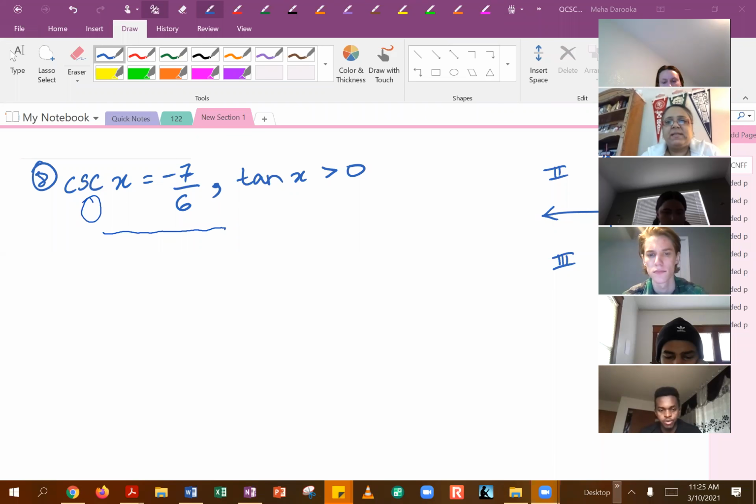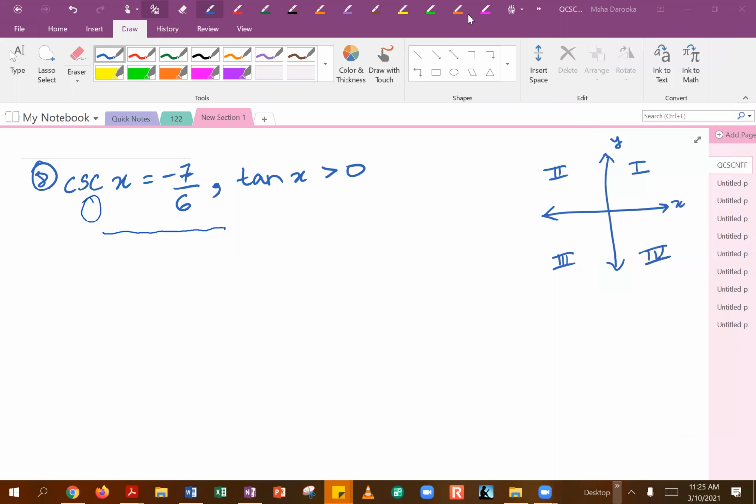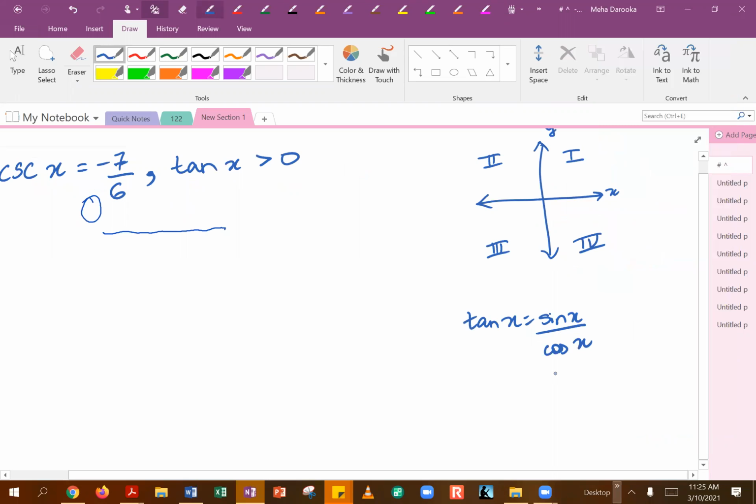Abdul Aziz, very nice. Because remember, since we define our tangent function as sine over cosine, the idea is if our tangent function is going to be positive, that means your sine and cosine should have the same sign, positive or negative.